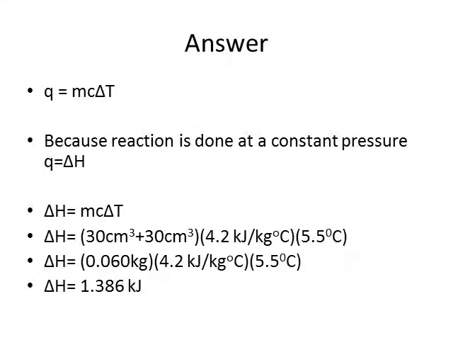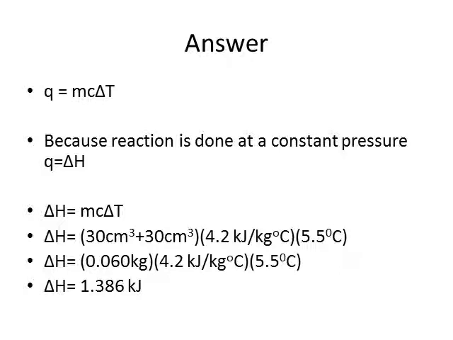So the calculations for that problem are as follows. To calculate the heat change, Q is equal to mc delta T. Because the reaction is done at a constant pressure, Q is equal to delta H. So delta H is equal to mc delta T. Our mass is 30 centimeters cubed for our acid plus 30 centimeters cubed for our base.